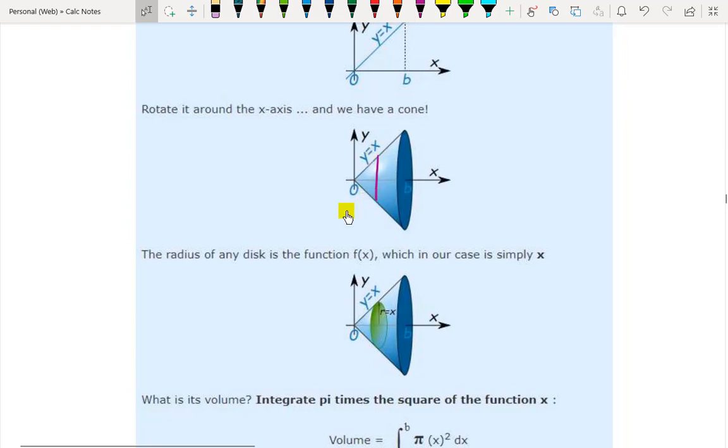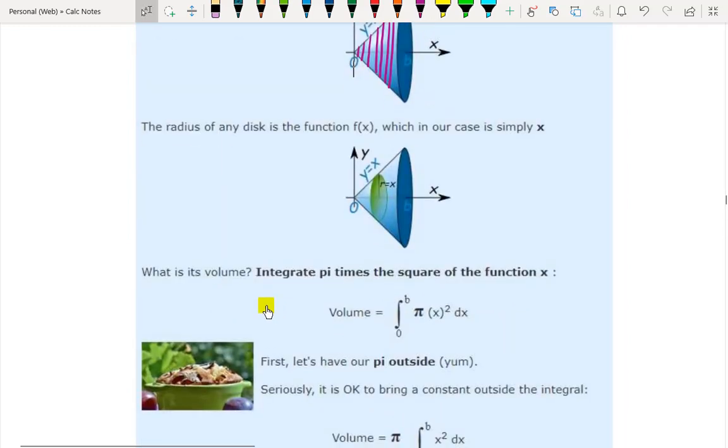Then imagine an infinite number of those circles all stacked up on each other. Obviously I can't draw them stacked up, but imagine an infinite number of those stacked together. As you do that, you're taking the integral of the area function.